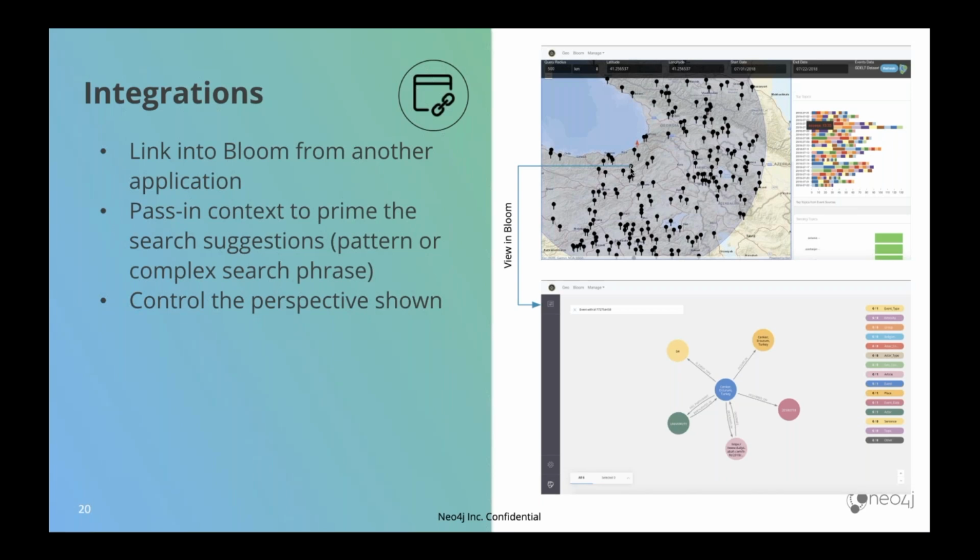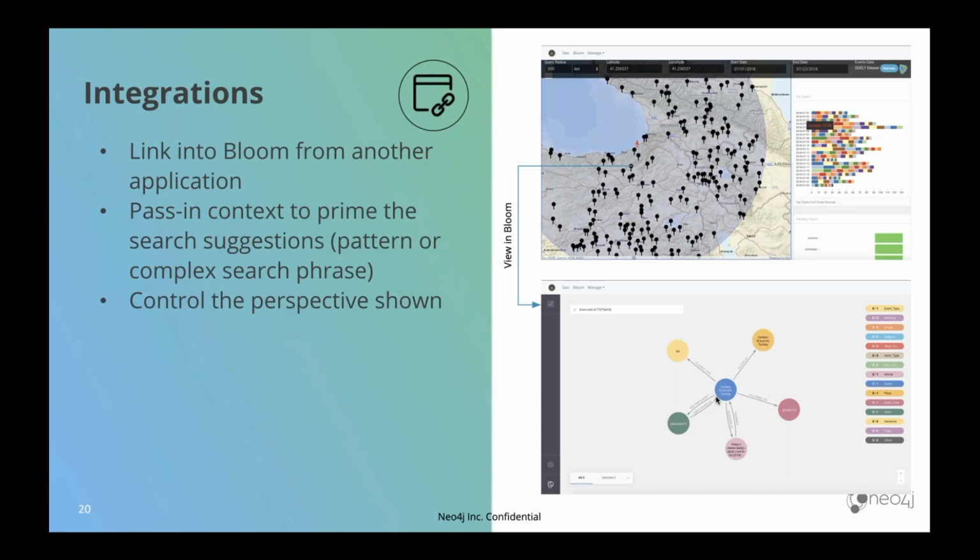And when you want to do that, and when that data is supported through a graph database, you can pass in context. So from this particular dot on the map, in this example, I'm passing in some context into the Bloom interface. It comes with an ID of that particular event that this is displaying, and then you can explore that event in more detail in Bloom.